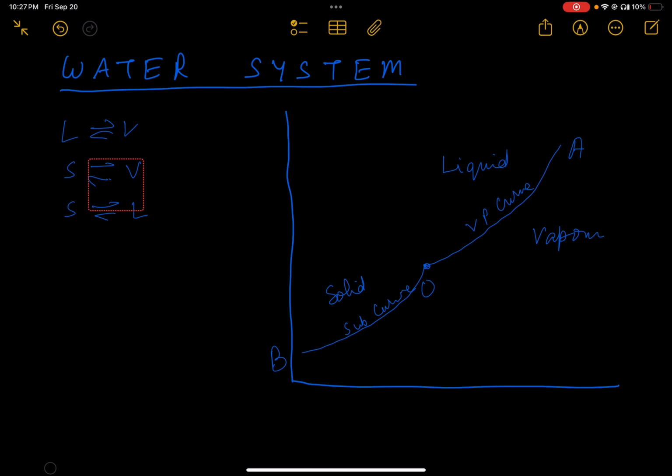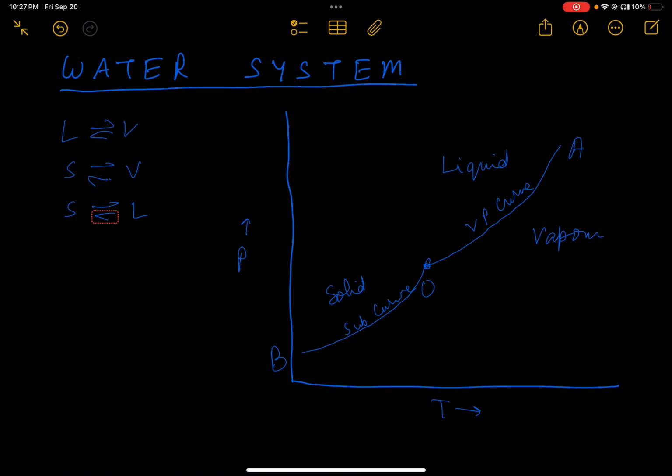For each temperature, there can be only one pressure, and similarly, for each pressure, there can be only one temperature. Along curve OA, two phases which exist are liquid and vapor, while along the curve OB, the two phases which exist are solid and vapor.